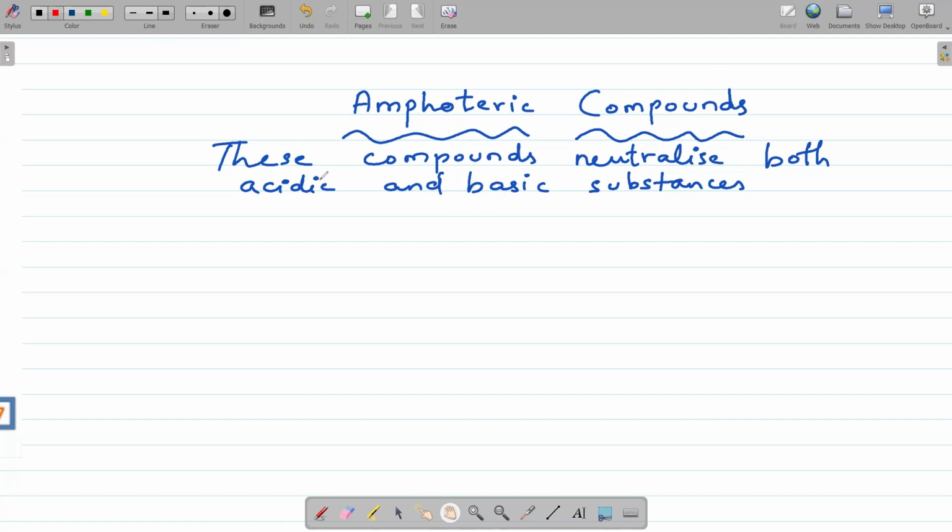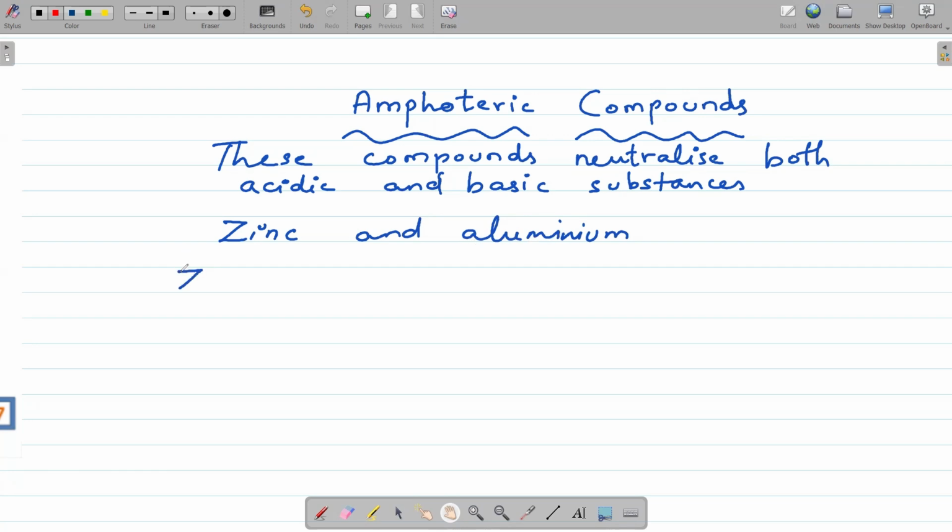The most important examples of metals that have amphoteric compounds are zinc and aluminum. There are actually many metalloids and metals, but for IGCSE, you need to know that zinc and aluminum have amphoteric compounds. So zinc oxide and aluminum oxide both react with acids to produce the expected salt and water.